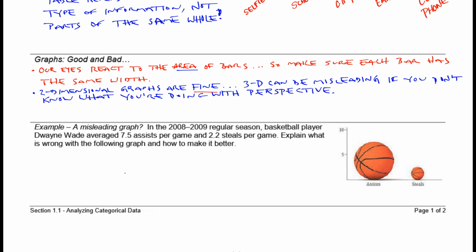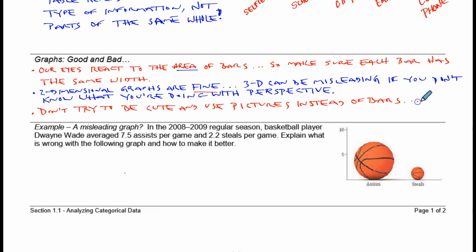Last but not least, with respect to making graphs, don't try to be cute and use pictures instead of bars. Again, this can be misleading. We'll see an example of how that can be misleading in the next example.